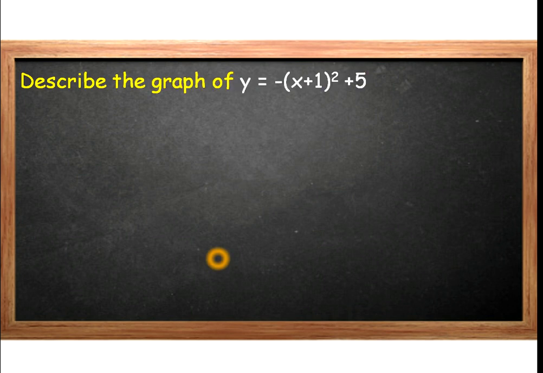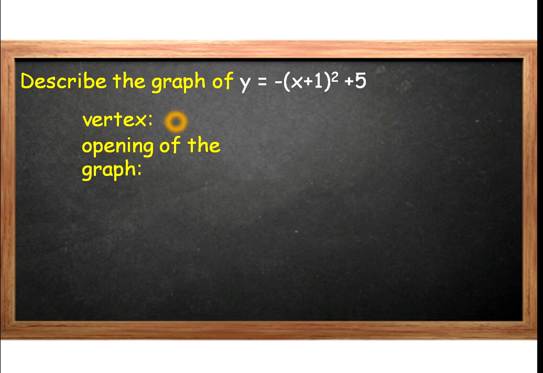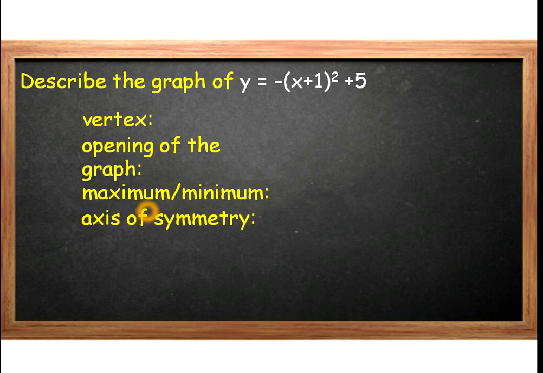Let's try another example and describe the graph of y is equal to negative quantity (x plus 1) squared plus 5. Same thing, we have to identify the vertex, the opening of the graph, whether the vertex is a maximum or minimum point, the axis of symmetry, the domain, and the range. The vertex of the graph is (negative 1, 5).